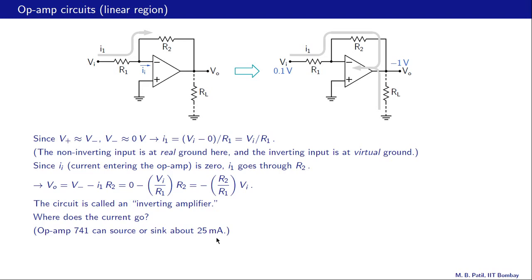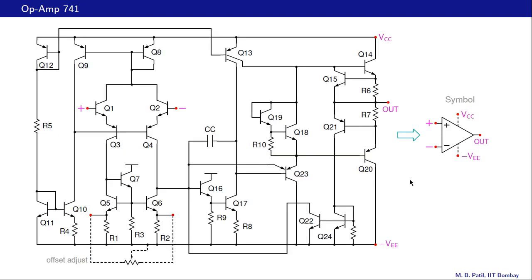Alright. Now what we will do is go inside the op amp, that is, look at the internal circuit of the 741 op amp and see what exactly is happening when we say that the op amp is sinking a current or sourcing a current. And here is the internal circuit of the op amp again.